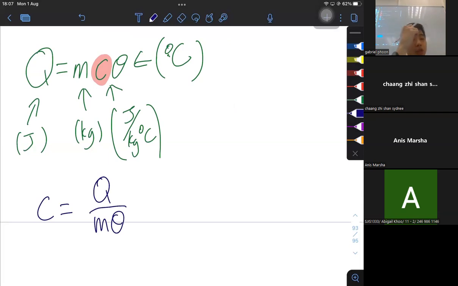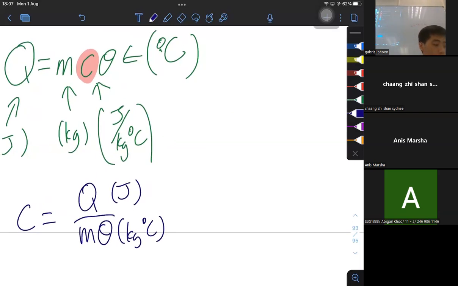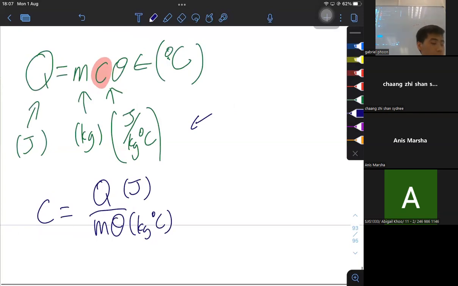If your algebra is bad, then it's game over already. From here, if you make C the subject, you know that this is heat energy in joules, this is kg, and this is in degrees Celsius. That's why you get a unit of joules per kg degrees Celsius. Never memorize it. Try to understand how you got there.